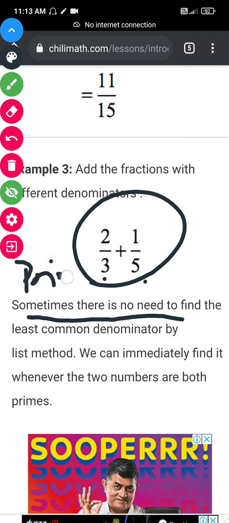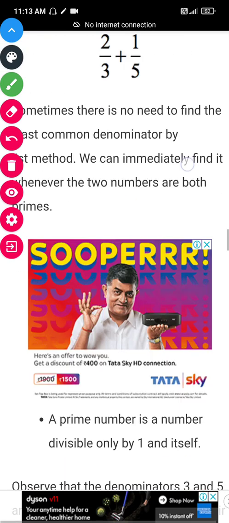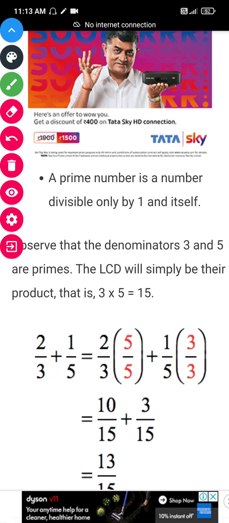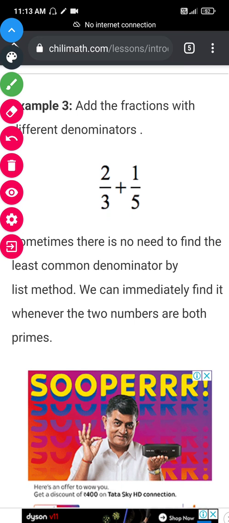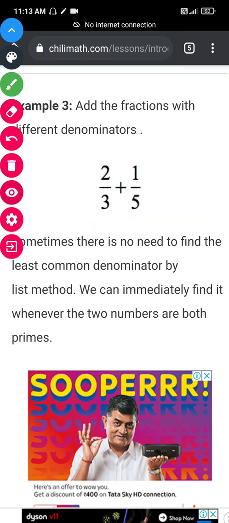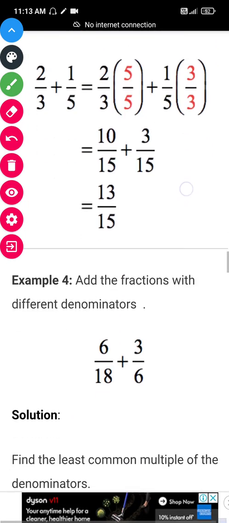When the denominators are prime numbers, it's easier to get the LCM: it will be their product. Here the LCM is 3 into 5, that is 15. So when the denominators are prime numbers, the LCM will be the product of the denominators. This is a trick you can use.